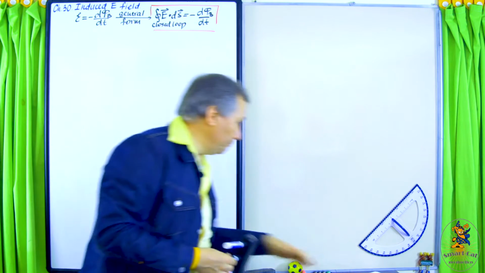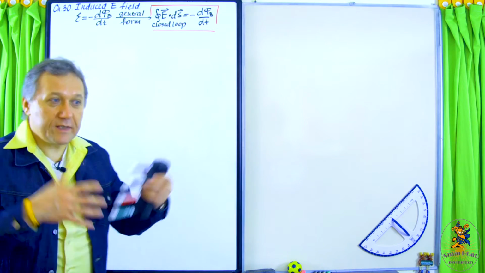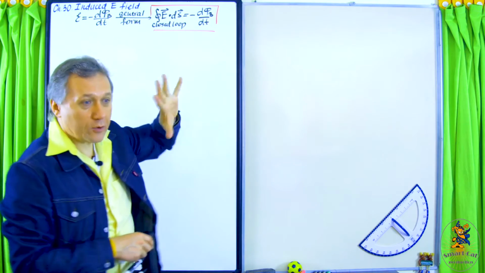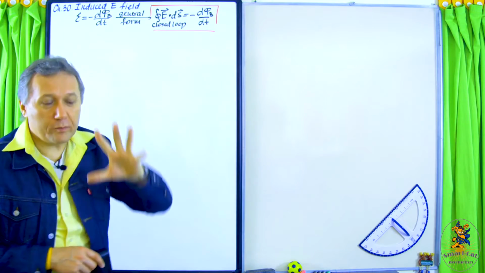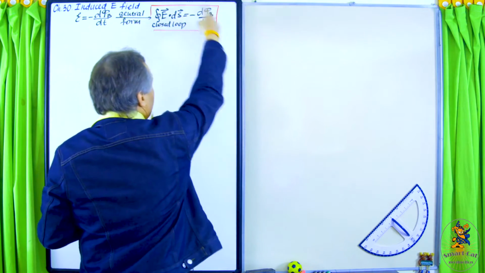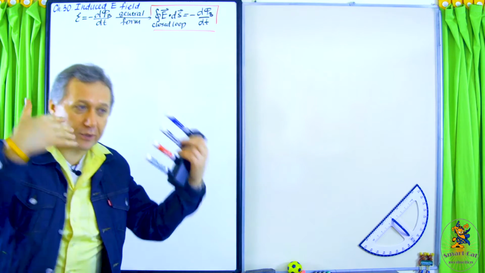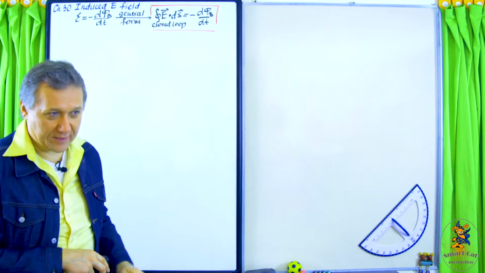Let me also write this important conclusion. Look at the structure of this law, and all Maxwell's equations have the same structure. On the right-hand side, we have sources, which produce the fields shown on the left-hand side.